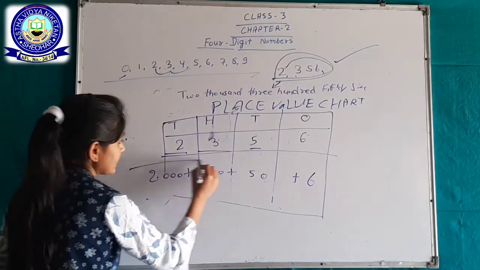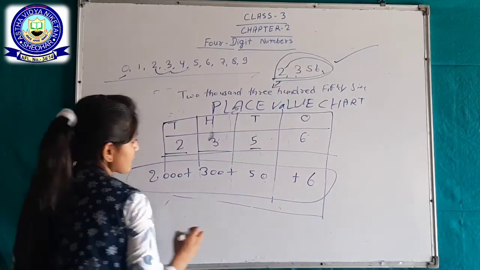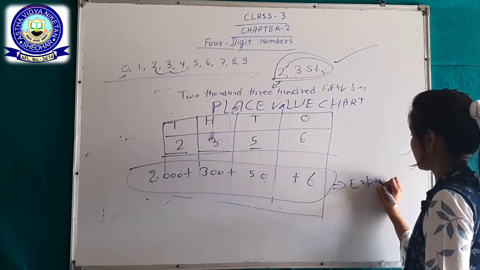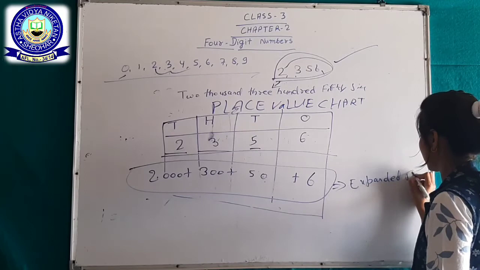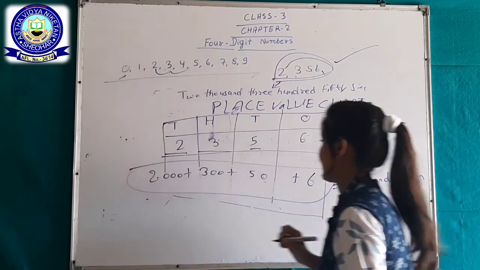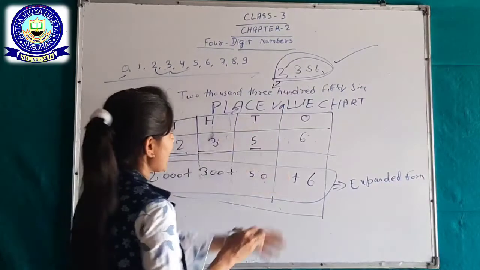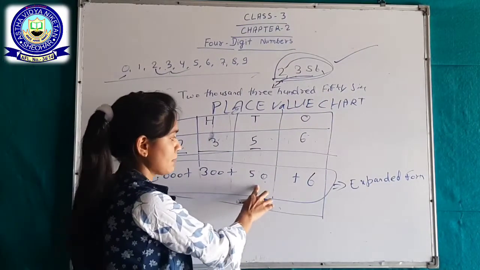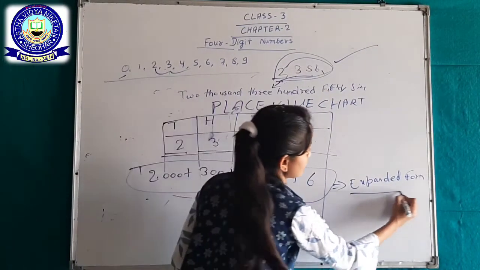When we write it in this way, 2000 plus 300 plus 50 plus 6, it is our expanded form.